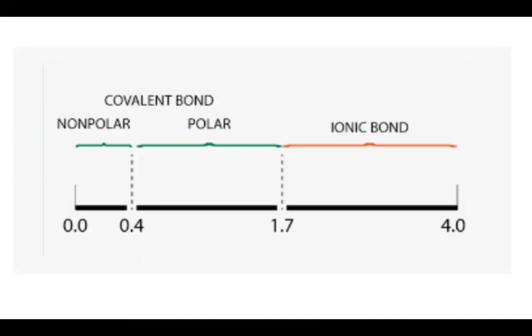Yes. That's a metallic bond. That's not going to be ionic or covalent. No, it's a metallic. I mean, they do have electronegativities, but we only apply them when they're in an ionic bond.